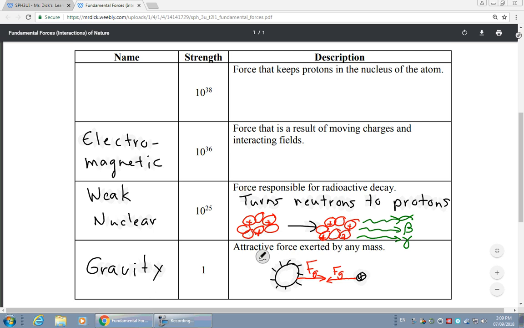So it is the electromagnetic force. And if we look at relative strength again, we see that it's 10 to the 36. So again, if we compare that back to gravity, that means the electromagnetic force is 10 to the 36 times stronger than gravity. So it's an incredibly powerful force.